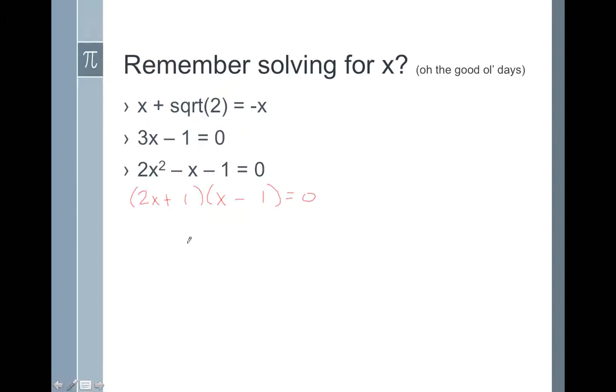And when that thing equals 0, this is the part you guys have to remember, 2x plus 1 equals 0, and x minus 1 equals 0. Here, subtract 1, divide by 2, x is negative 1/2, and here x is 1. And so we've solved this equation, showing that there are two solutions, negative 1/2 and positive 1.